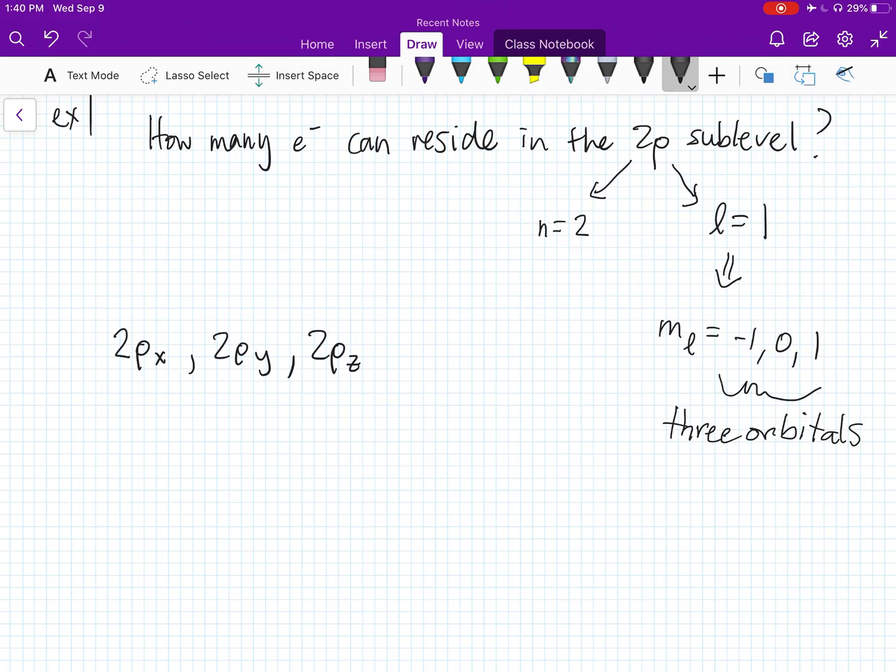Now, we know that each orbital can house 2 electrons. Therefore, the total number of electrons in a 2p sublevel is going to be 6, because I have 3 orbitals times 2 electrons in each. So that's how you think about problems like this.